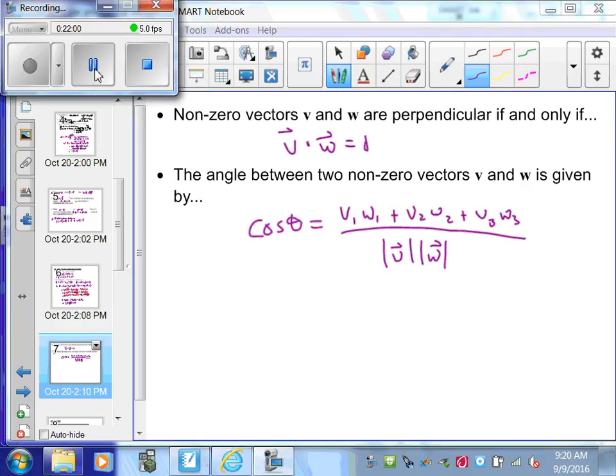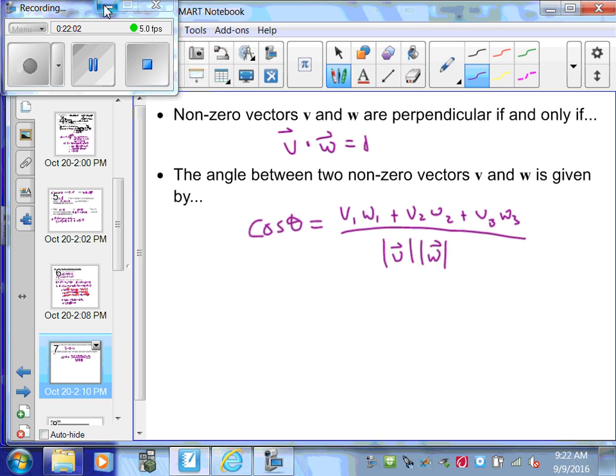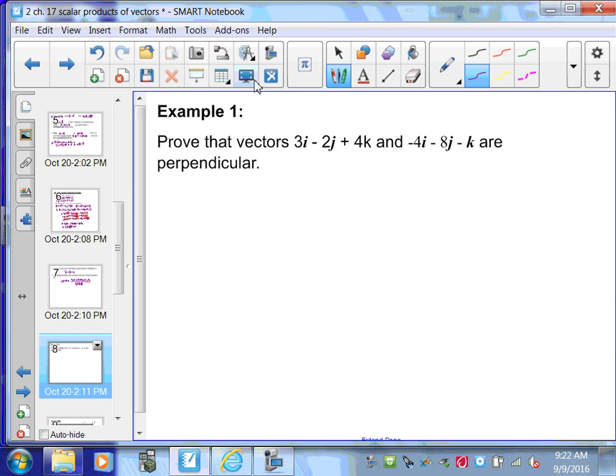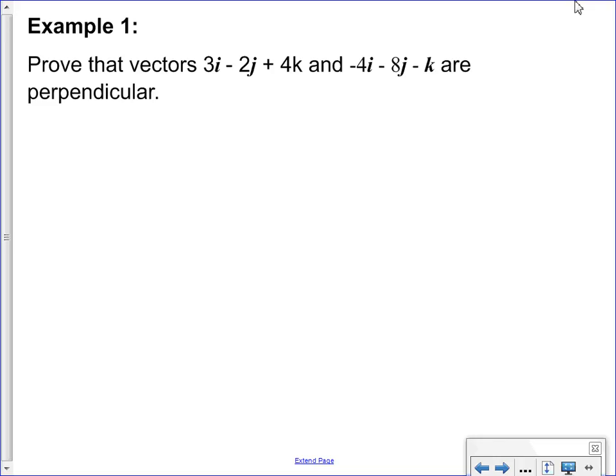All right, and we're back. Prove that those two vectors are perpendicular. Easy. Dot product. So it'd be 3 times -4 plus -2 times -8 plus 4 times -1, and that all equals 0.